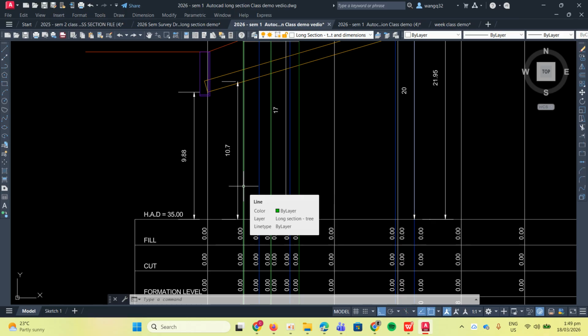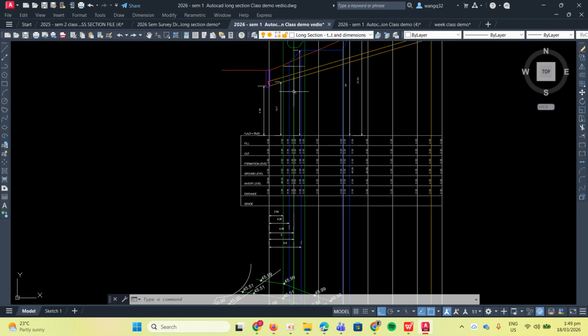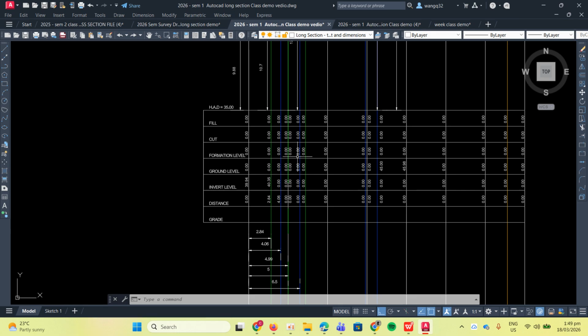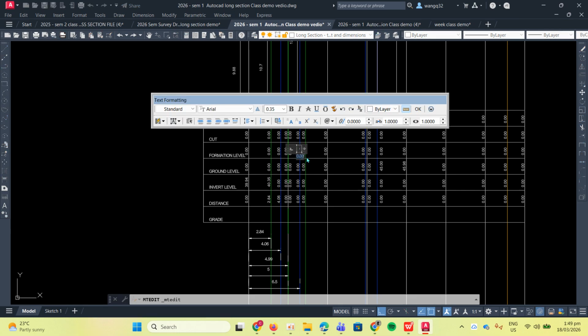If you check your notes, the platform level is 43.5, which is right. So we change that level to 43.5.